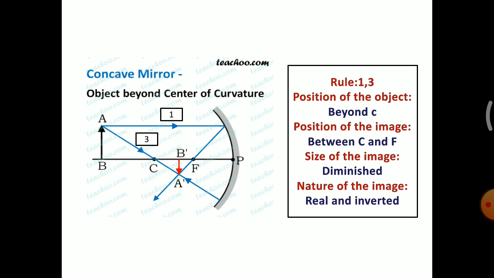So the nature of the image is real and inverted. Now compare the size of the object with the size of the image. A dash B dash is the image, AB is the object. So comparing to the object, the size of the image is diminished. So I wrote the size of the image is diminished.